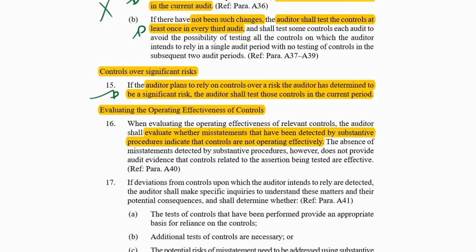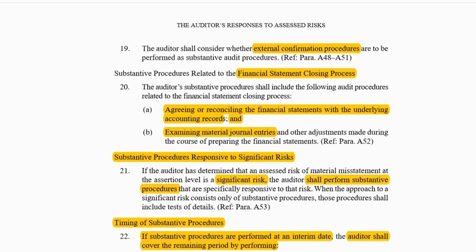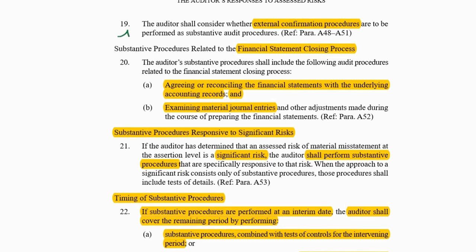Then I get to substantive procedures. If I've chosen a combined approach, I still need to discuss my nature, timing and extent of substantive procedures. If I've chosen a substantive approach, then I need to justify why I've done that. Because it's a material class of transaction, balance or disclosure, I must do substantive procedures, and I could include external confirmations if it is an account balance or class of transaction that allows for a third party.